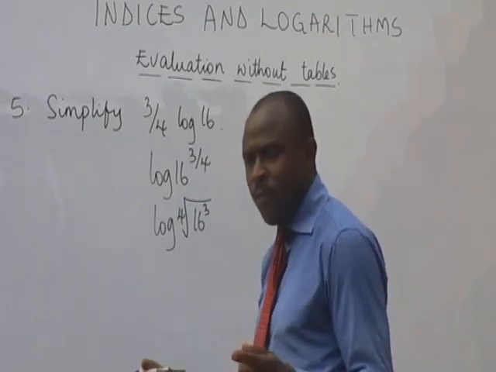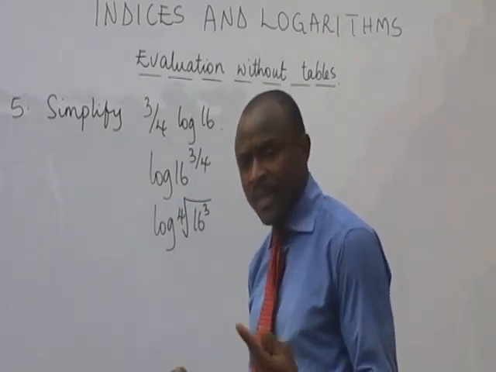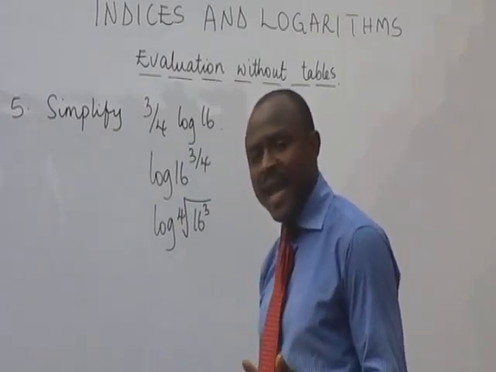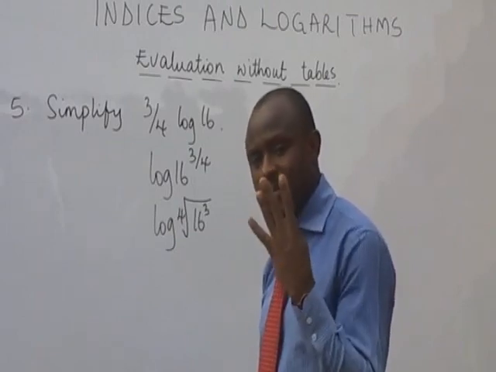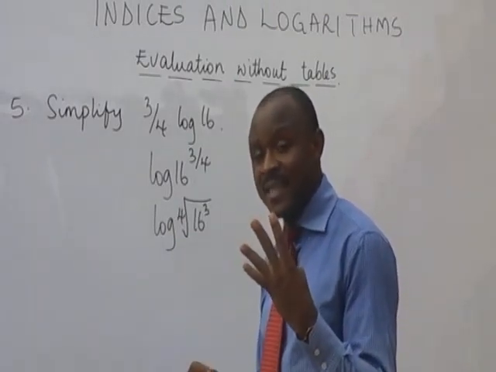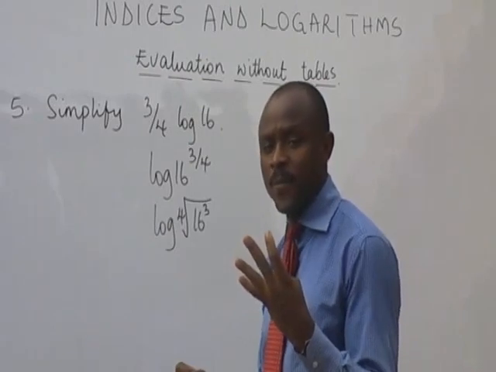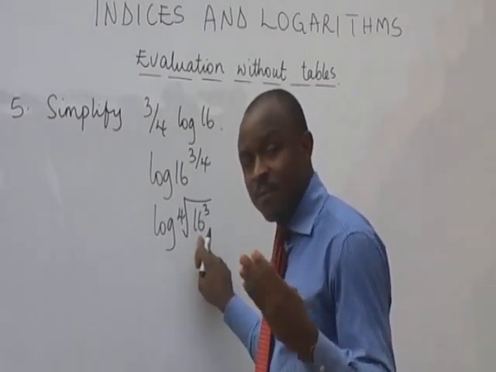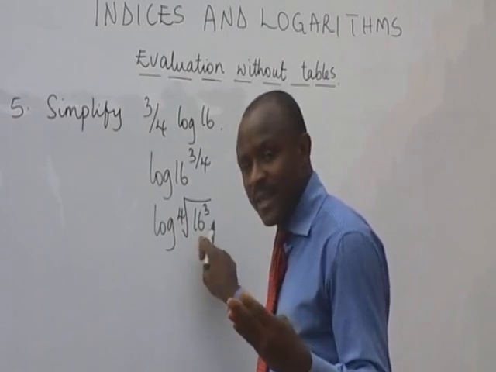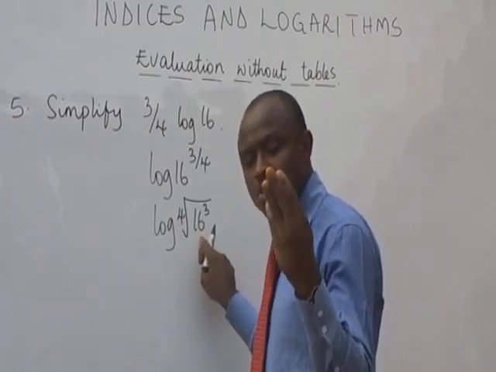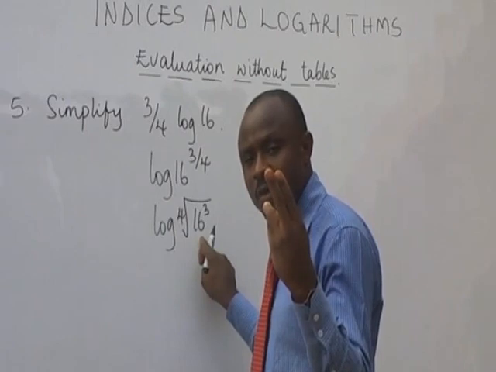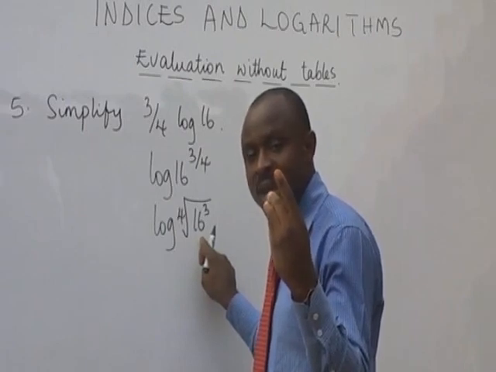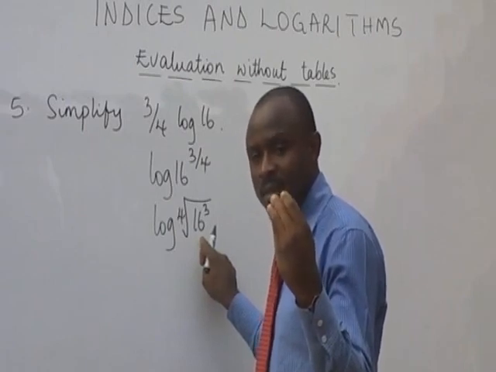What is the meaning of 4th root of a number? That number that will multiply itself 4 times to get the number is the 4th root of the number. In this case, the number that will multiply itself 4 times to get 16 is 2, because 2 times 2 is 4, 4 times 2 is 8, and 8 times 2 is 16.